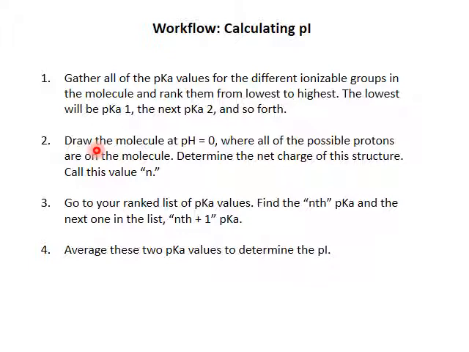But if you have 4, 5, or 6, it gets a little trickier. This will work every time, but you've got to make sure you get the proper N at step number 2. So you have to draw your structure, make sure everything is protonated, figure out what N is, then go through your pKa list, find the N and N+1 pKa values, average those, and that's going to be your PI.